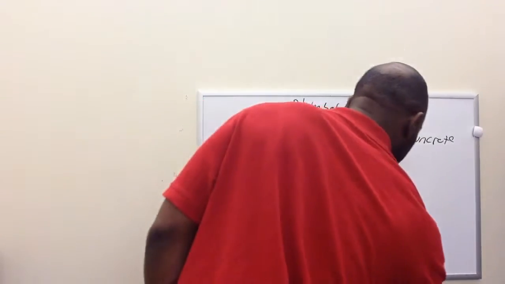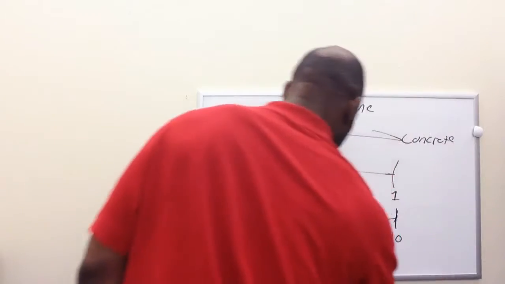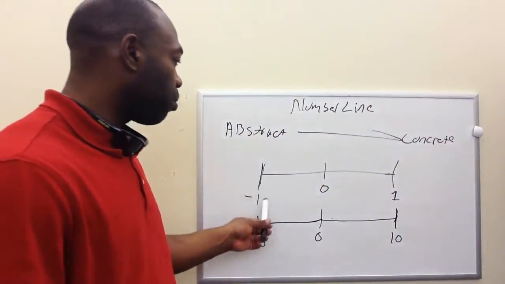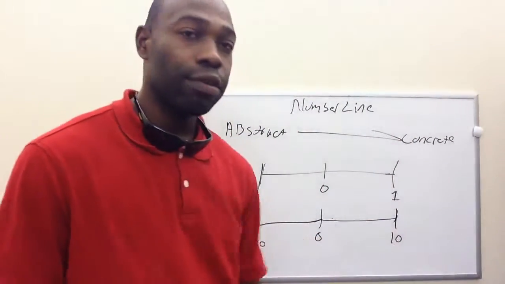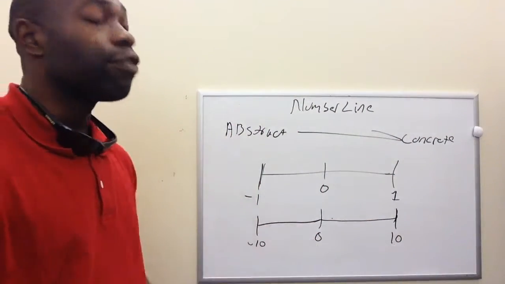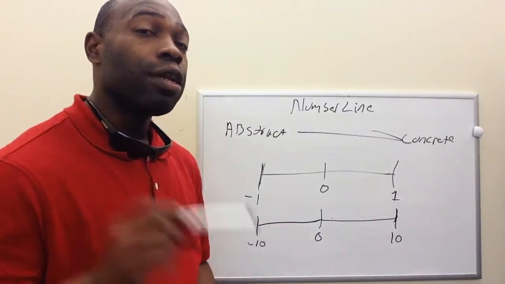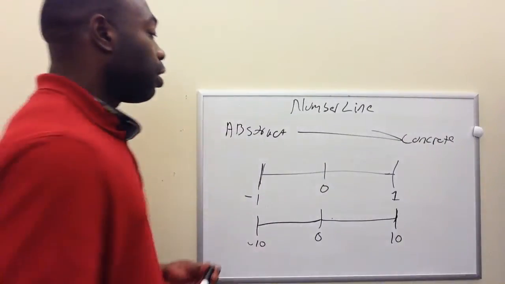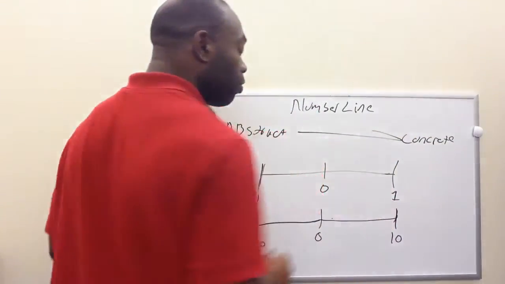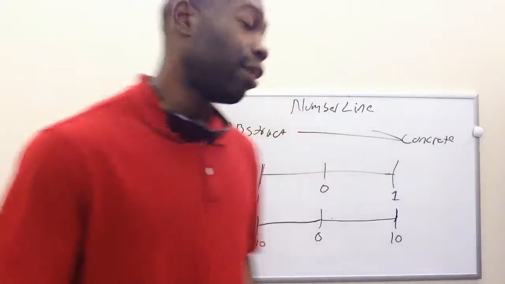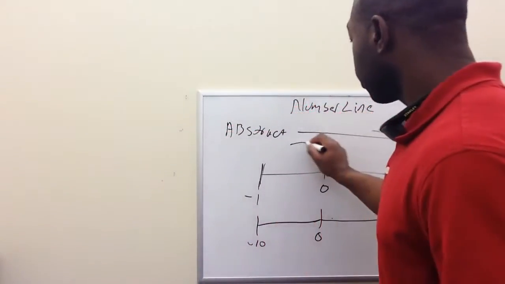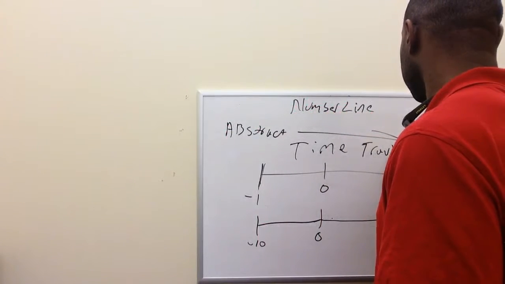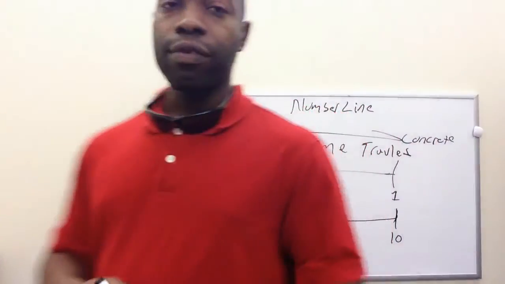What is the difference between the relationship of these units and these units? The only difference is the understanding that we have living in a universe that has space that we must move through, that the difference between 1 unit and 10 units is time traveled.